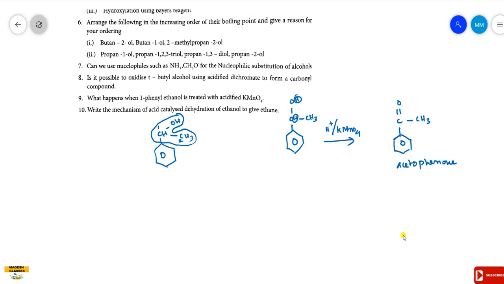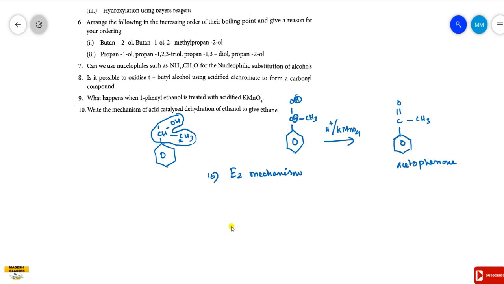Next one, question 10: write the mechanism of acid catalyzed dehydration of ethanol to give ethene. In the acid catalyzed dehydration of ethanol, a primary alcohol, the dehydration follows an E2 mechanism. E2 means a bimolecular elimination reaction.